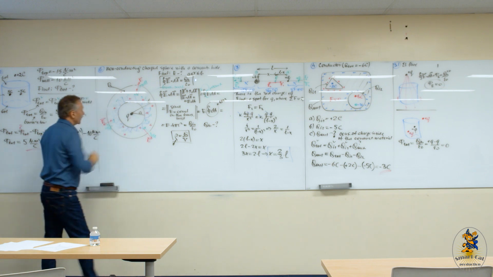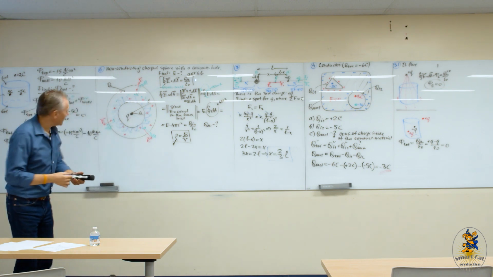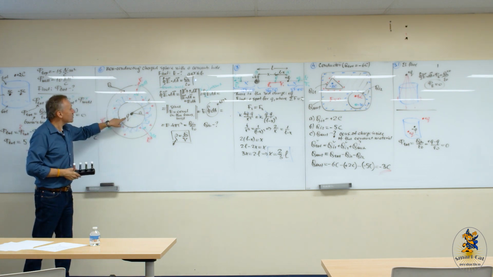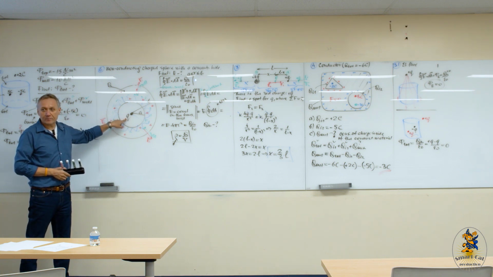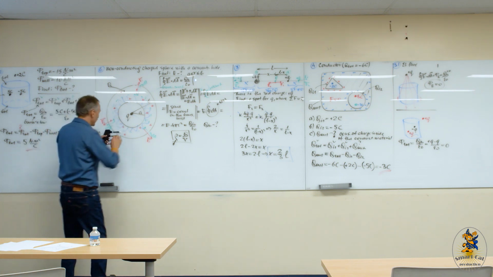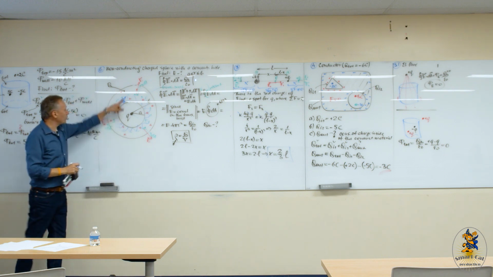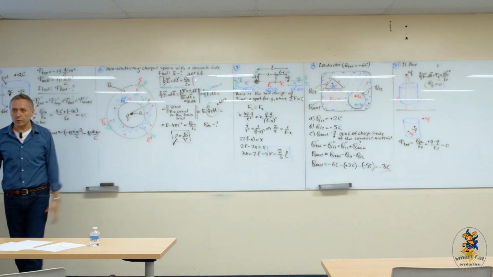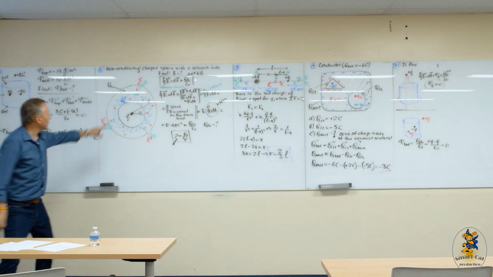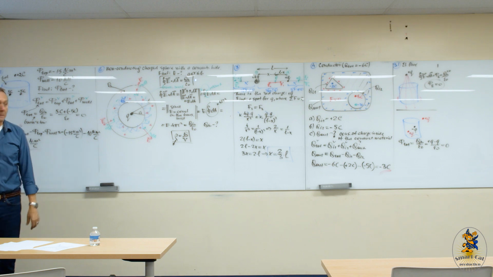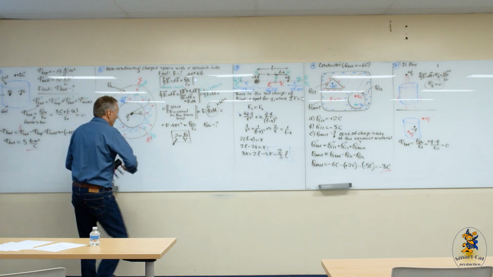I probably should have labeled it somehow, because this is part of Q enclosed. So let me label this charge as, for example, Q prime, because this Q prime plus this, they will give us the Q enclosed. We want to find it.